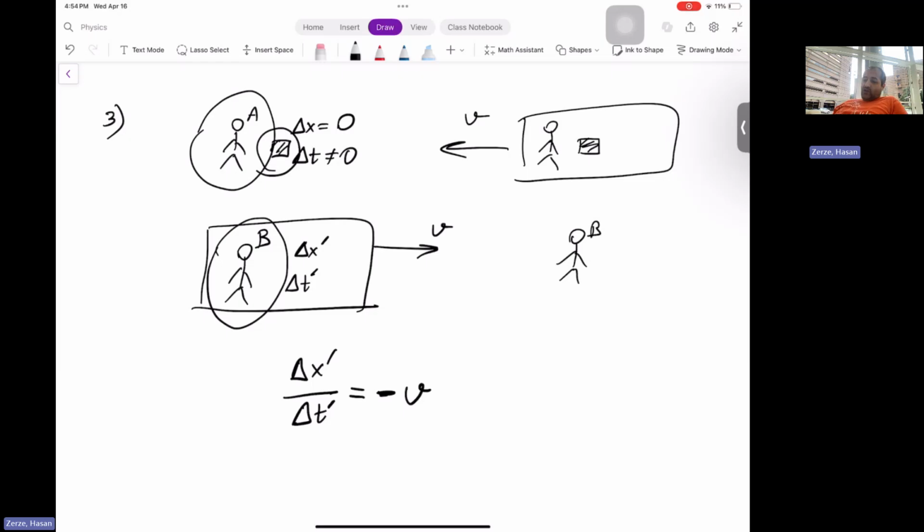So the delta x prime divided by delta t prime must be equal to negative v, because the velocity of that object must be seen as negative v by observer B.